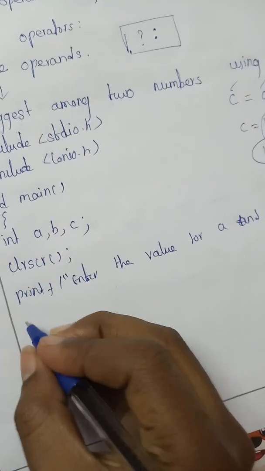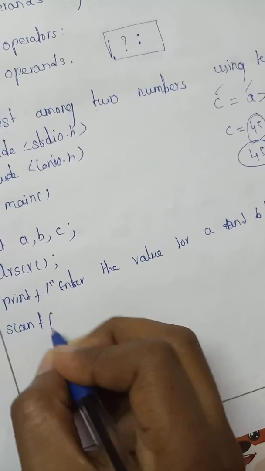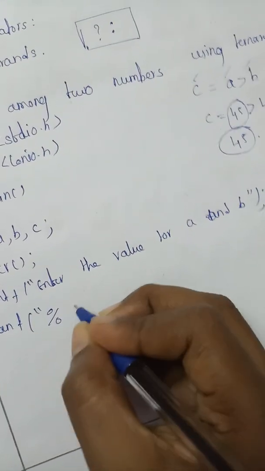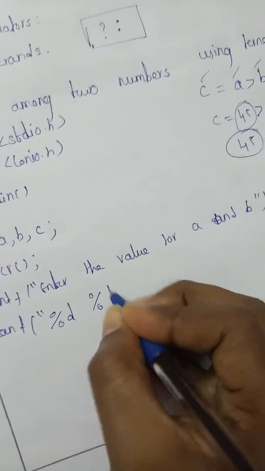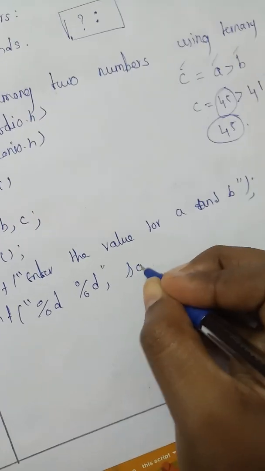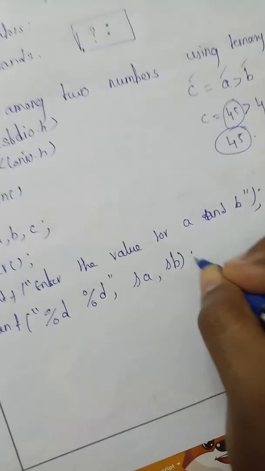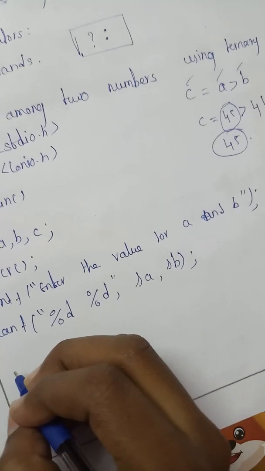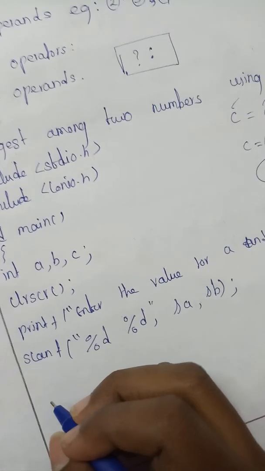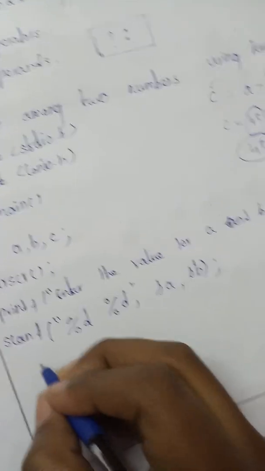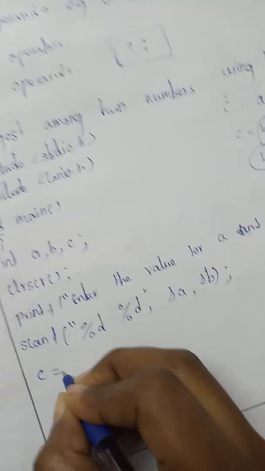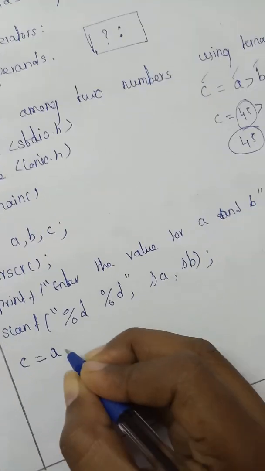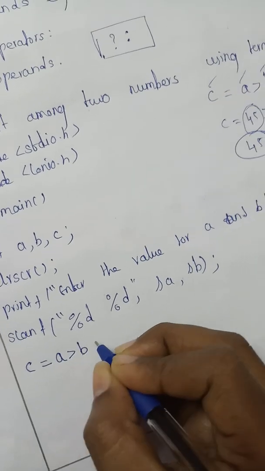And then next one is scanf %d comma ampersand a comma ampersand b. So the next step is to give the condition. We are using the ternary operator here. So c equal to a greater than b question mark.